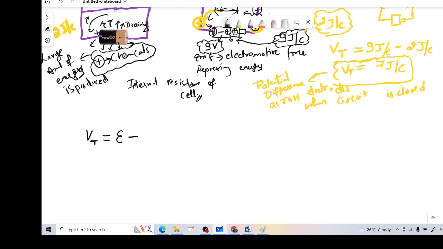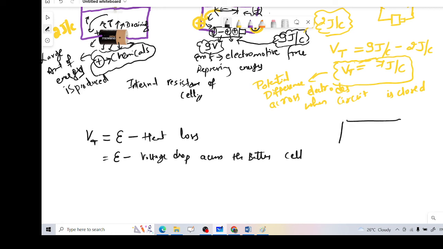And 2 joule per coulomb of charge is the heat loss. This heat loss is because of the internal resistance of the cell, and this internal resistance is nothing but the voltage drop across the battery cell.